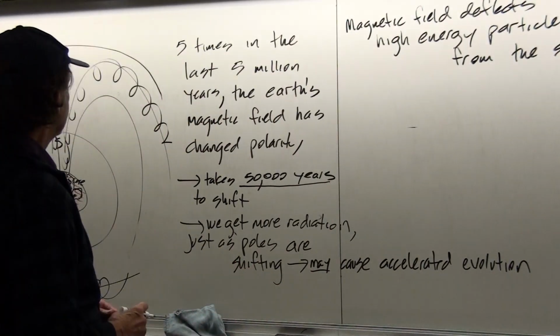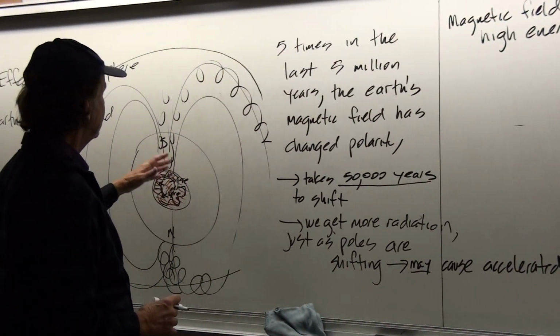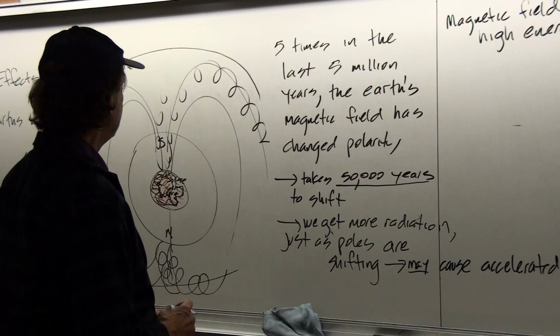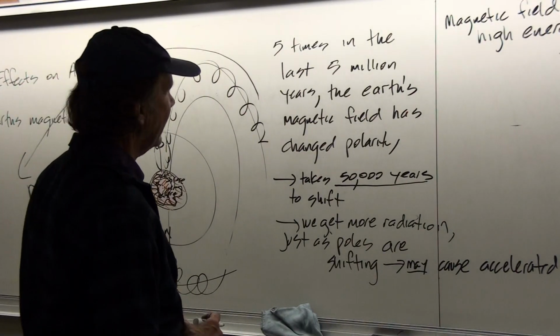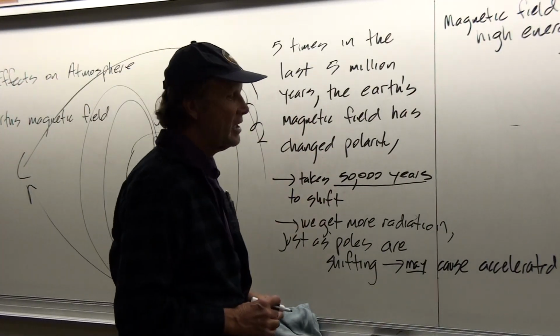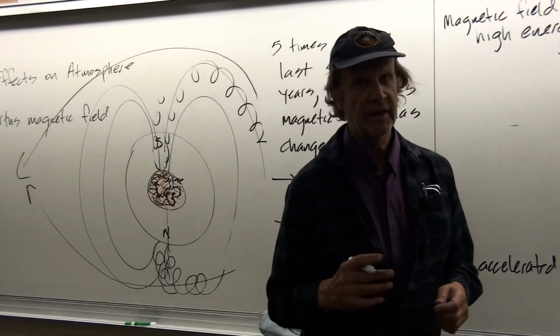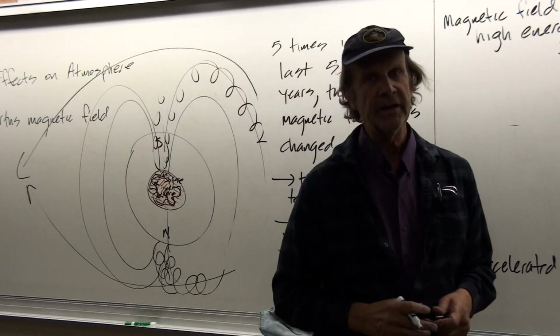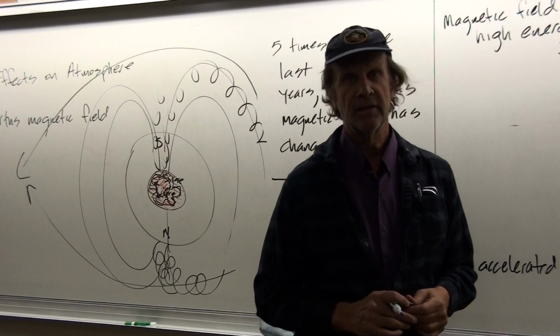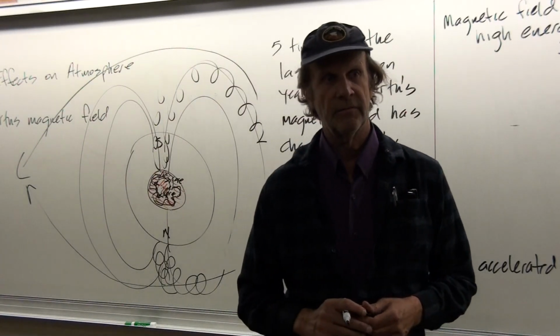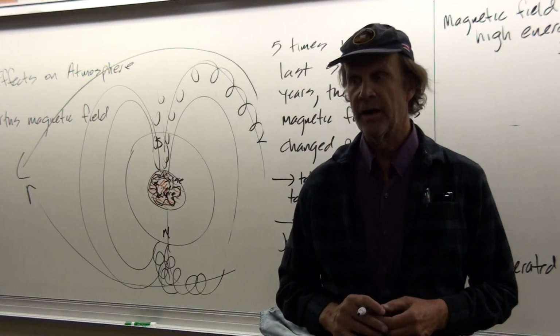And so the Earth's magnetic field then seems to be very closely associated with life. Certain types of magnetic-seeking bacteria are able to find their direction by using the Earth's magnetic field. And various kinds of birds are able to.